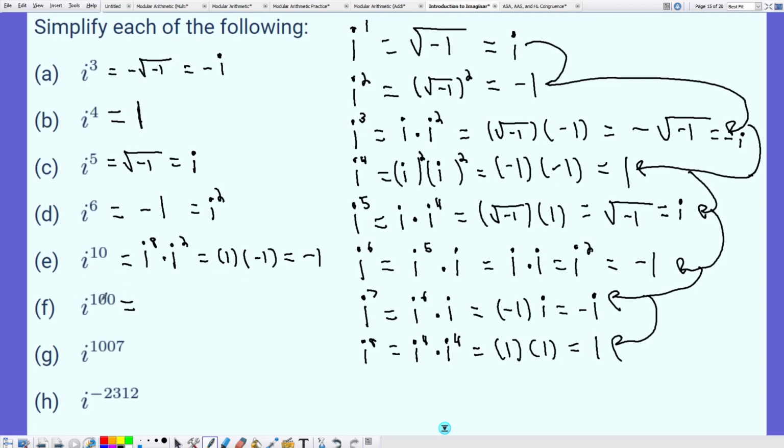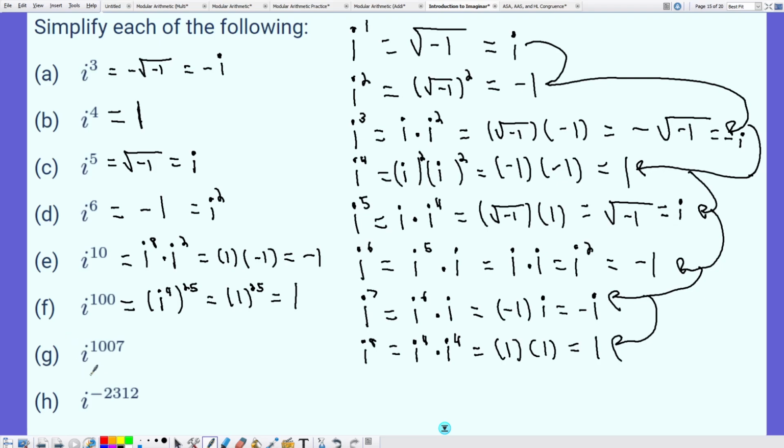So I can rewrite i to the 100th as i to the 4th, to the 25th power. Because if we remember, the rule was we would have to multiply it back in, and 4 times 25 is 100. And i to the 4th again is 1, so it's 1 to the 25th power, which is just 1.